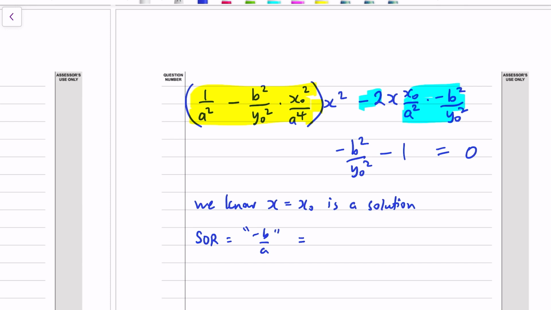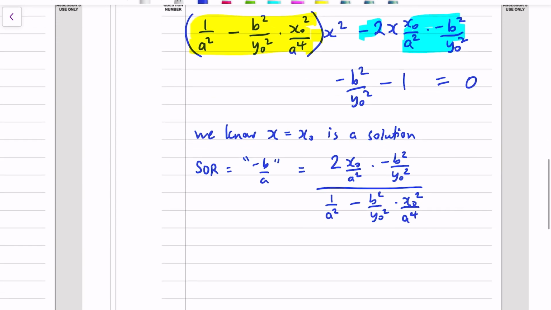So minus b over a is 2 x naught over a squared times minus b squared over y naught squared, all over the a thing, which is 1 over a squared minus b squared over y naught squared times x naught squared over a to the 4. Gosh, what does that equal? I can times top and bottom by a squared to start. So that's going to be 2x naught times minus b squared.